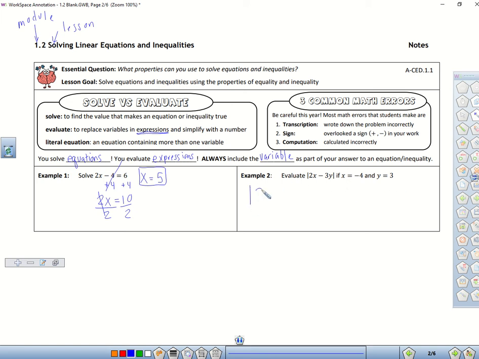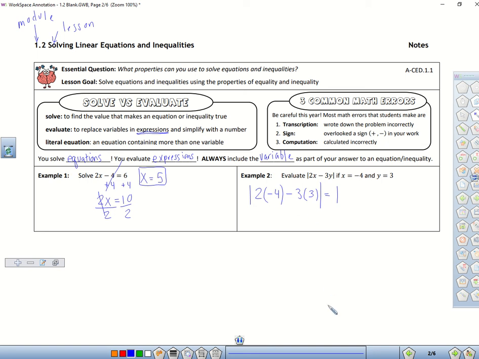So we have the absolute value of 2 times negative 4 minus 3 times 3, absolute value bar, equal to, now I'm going to solve inside the absolute value bar because remember, we talked in the last lesson about this being a form of grouping, so we're going to work inside that grouping.